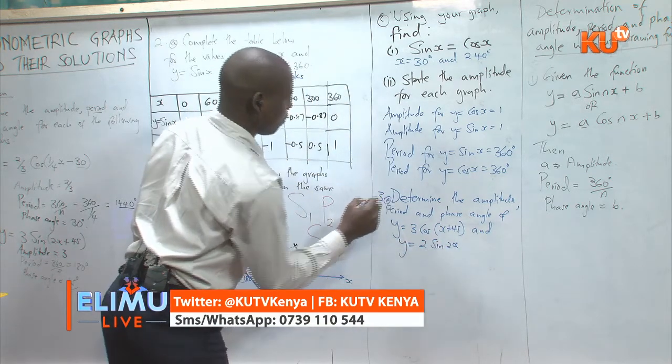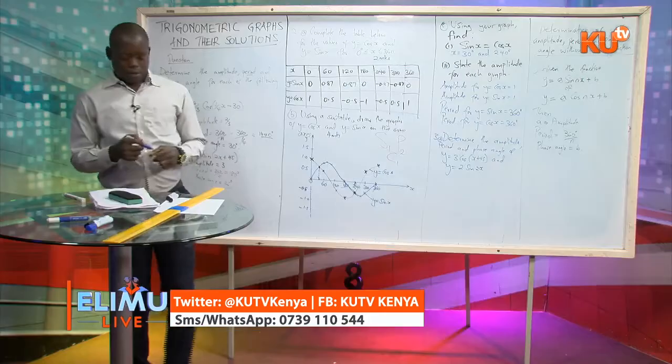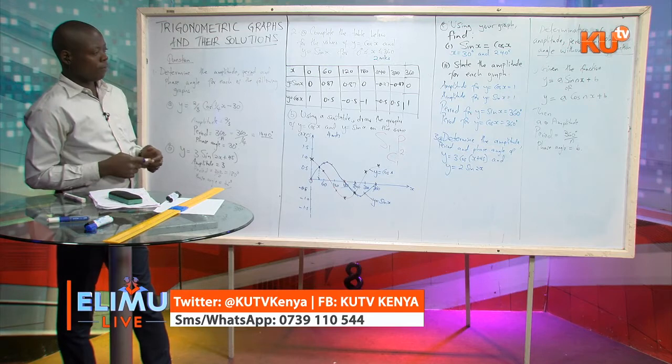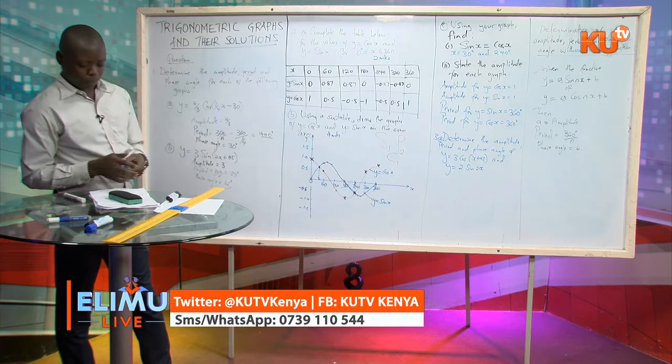That is part A. We are only determining the amplitude, period, and the phase angle.